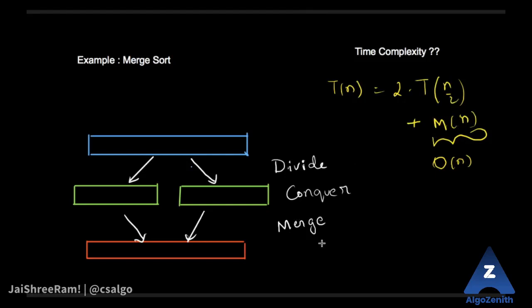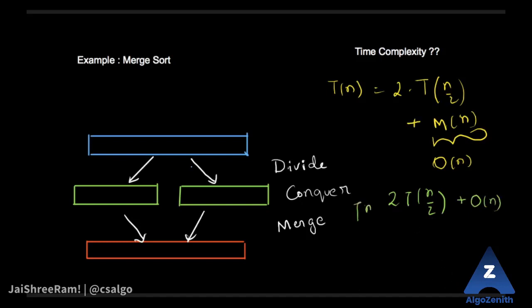Okay, and it turns out that we can merge the two arrays that we get from the smaller children in order n. Now if we can merge the solutions in order n, this would be something like 2 times T of n by 2, right, plus order n, right? So what is the complexity of this recurrence?